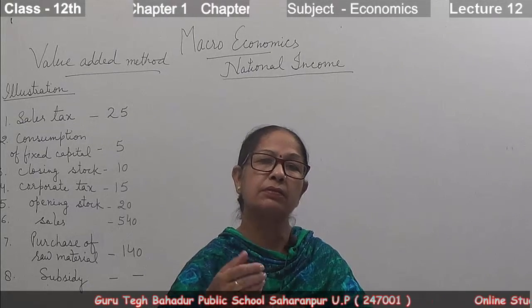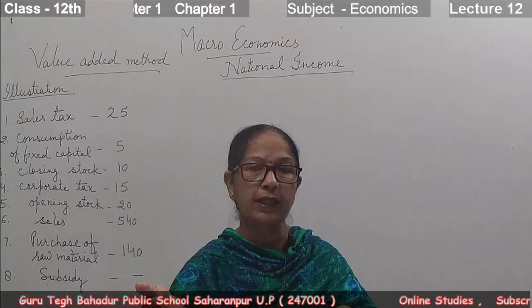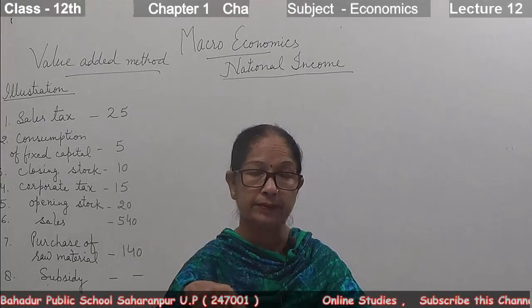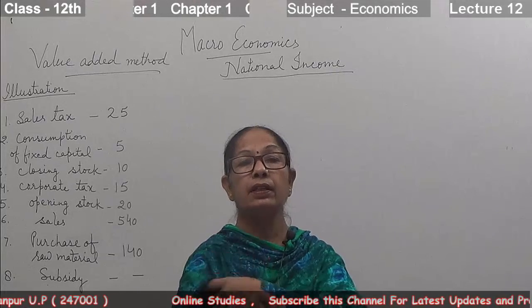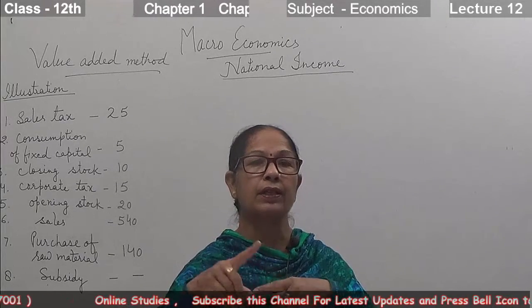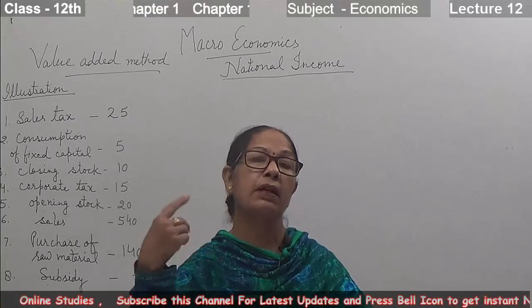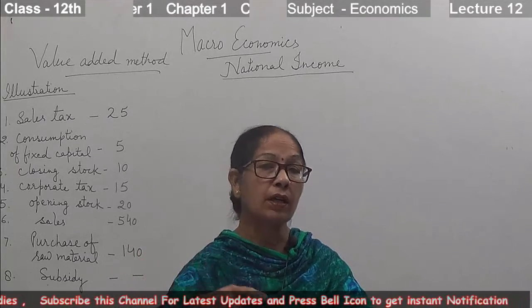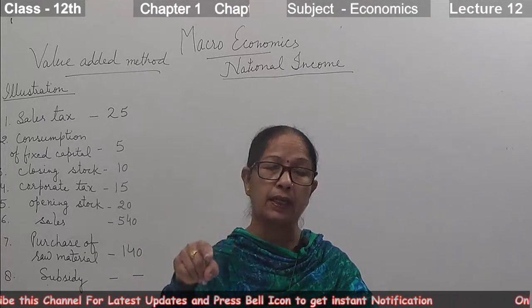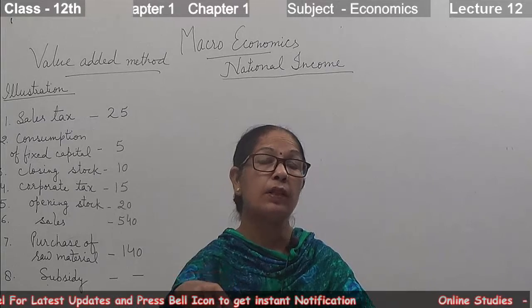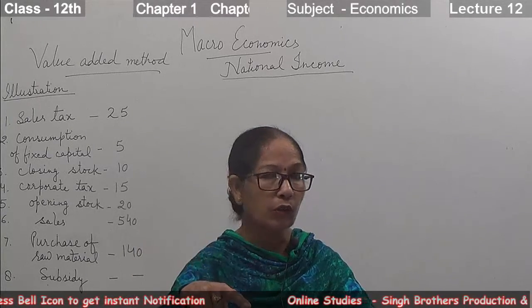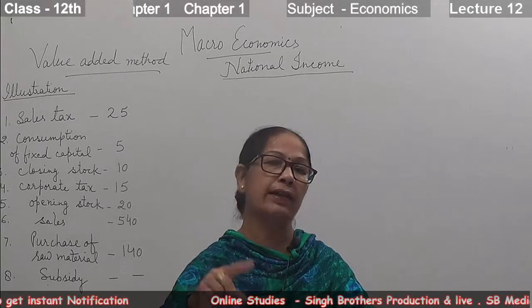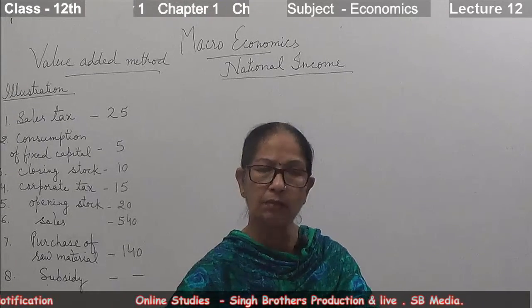कि जब हम value of output की calculation करते हैं, not value added. So one example of farmer is given already कि farmer ने wheat grow किया, then it sells to miller and miller sells to baker. तो अगर हम value of output की हर अलग अलग step पर calculation करेंगे तो wheat will be counted 3 times and flour will be counted 2 times, and that is the problem of double counting.